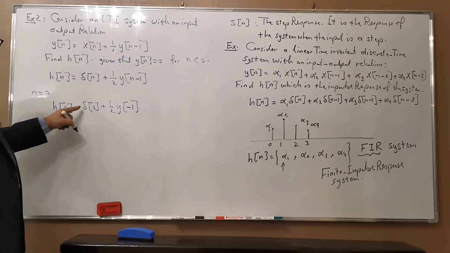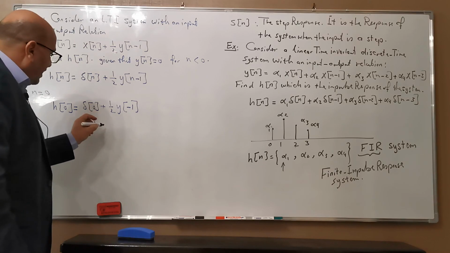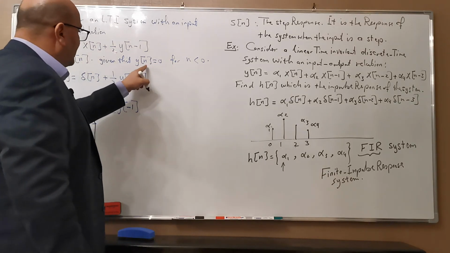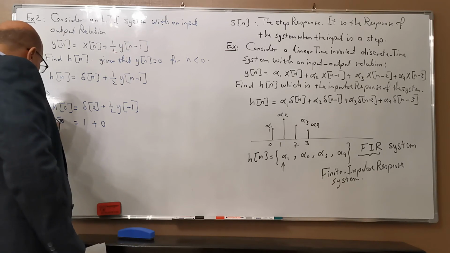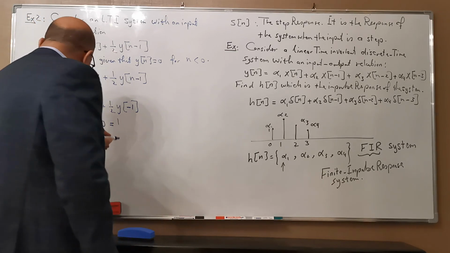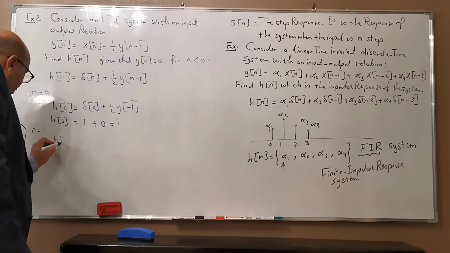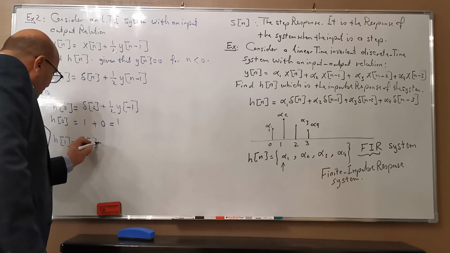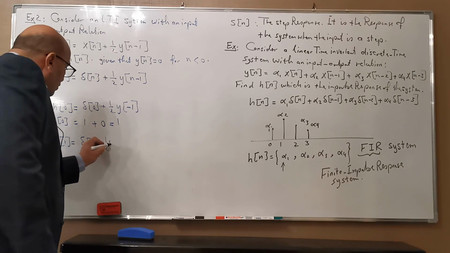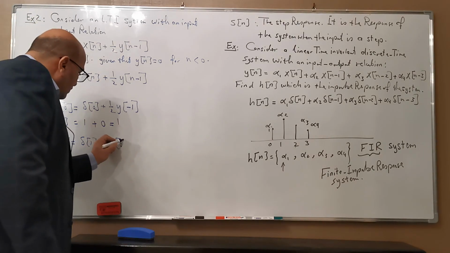So delta of 0 is equal to 1 plus 1/2 y of negative indices, which is equal to 0, so this one is 0. So h of 0 is equal to 1. For n equals 1, h of 1 is equal to delta of 1 plus 1/2 y of the previous, y of 0.